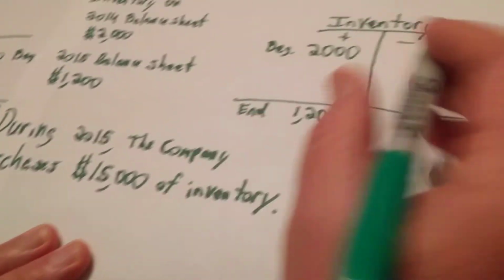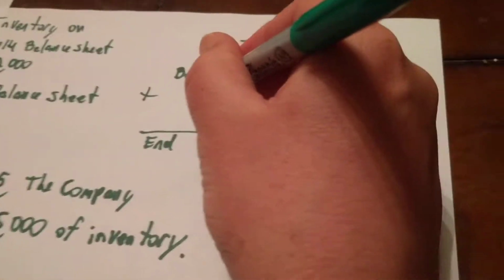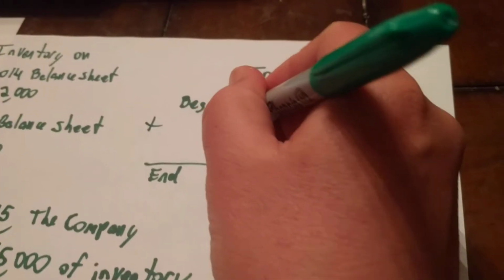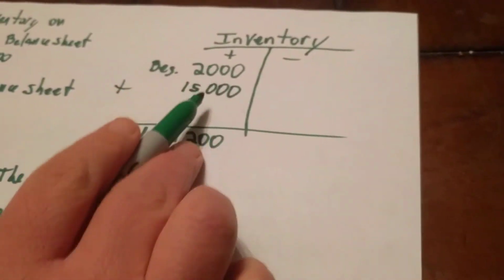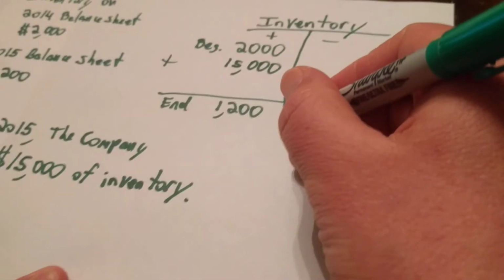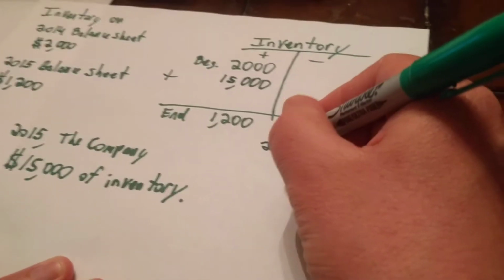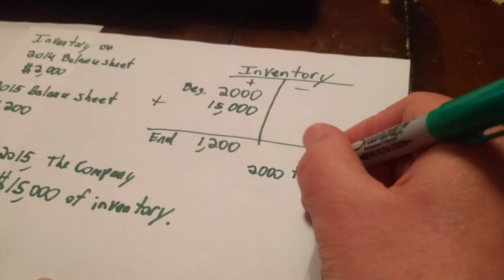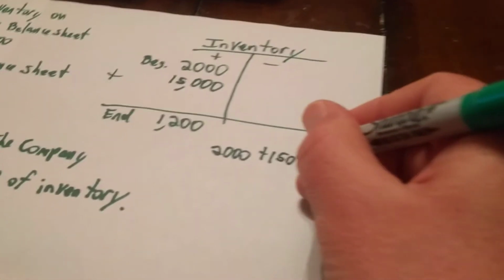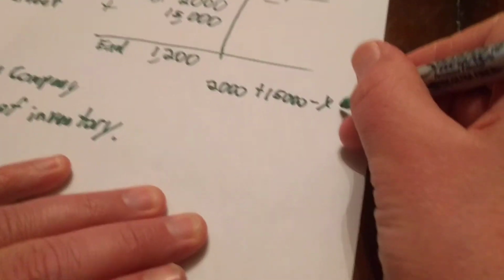So if we increase it here by 15,000, that gives us a subtotal here of 17,000. We end up here with 1,200. So what we want to do here is just a little algebra. 2,000 plus 15,000 minus x gives us 1,200.